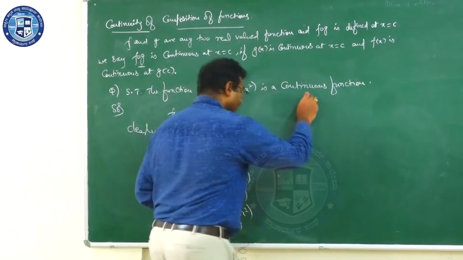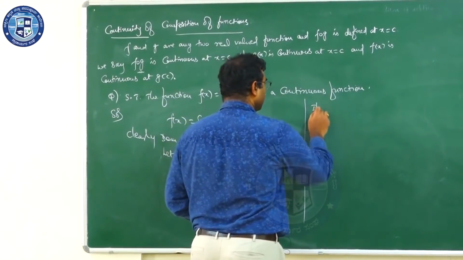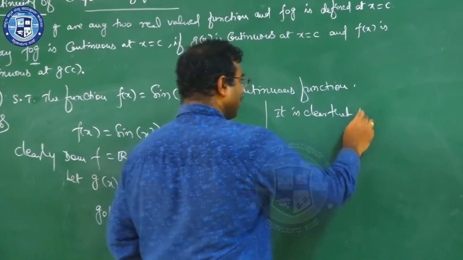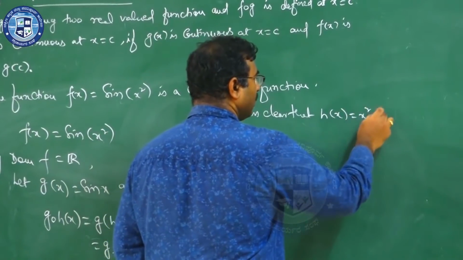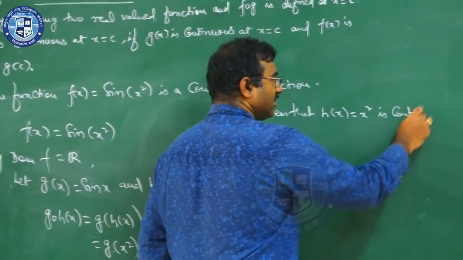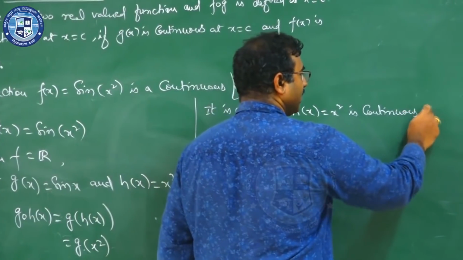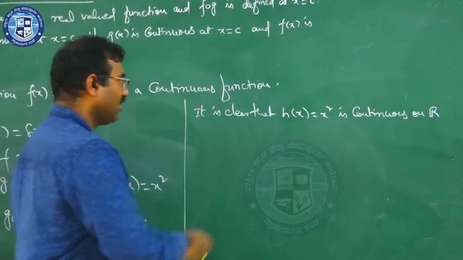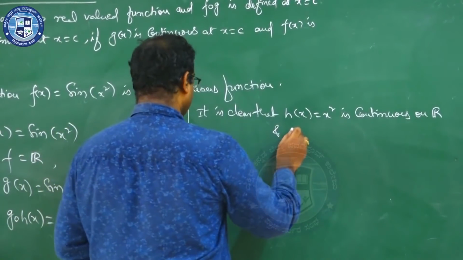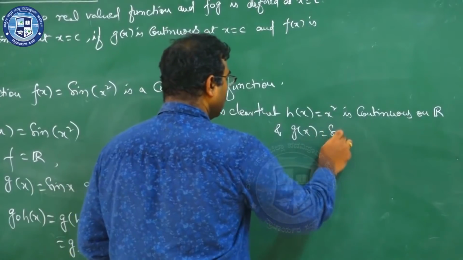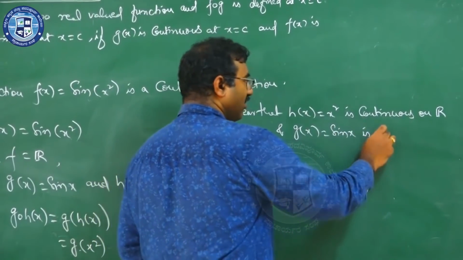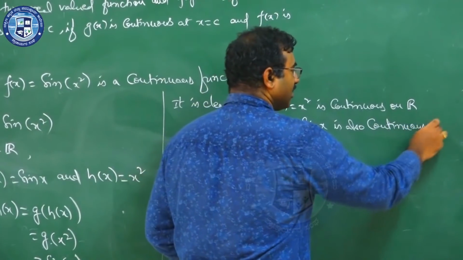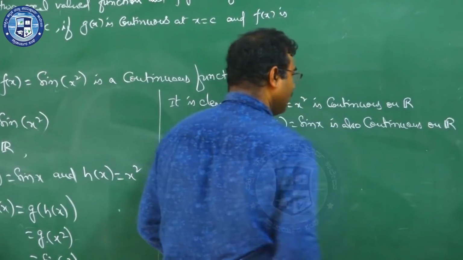How we write now? It is clear that h of x is equal to x square is continuous on R, and g of x is equal to sin x is also continuous on R. Okay.